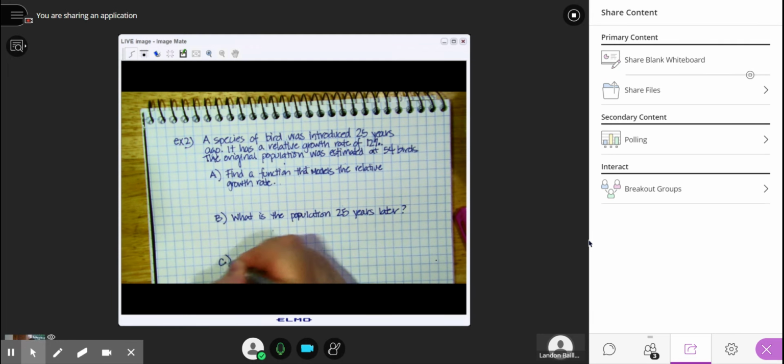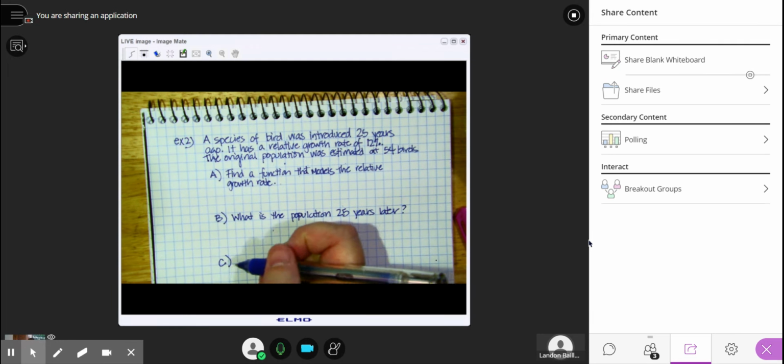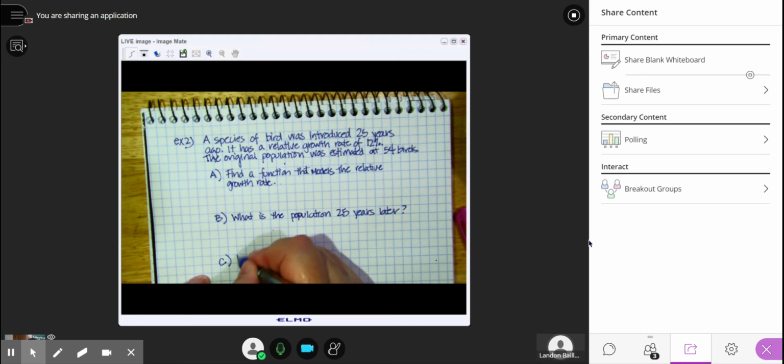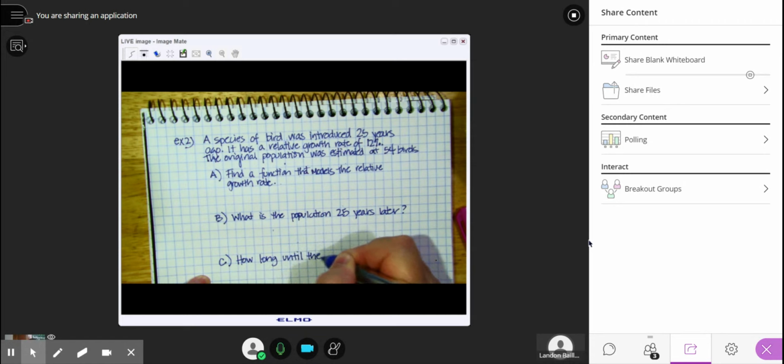And then part C says how long until the population reaches 2,400 birds.